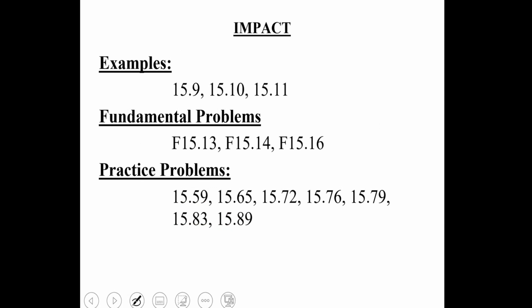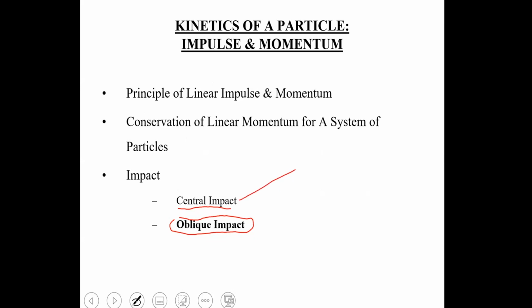So starting with central impact, as you already know, for any problem of central impact there are essentially two steps for solving those problems. The first one is step number one: what do you do? You are going to apply the conservation of momentum principle on that system along the line of impact. So summation MVI should be equal to summation MVF.